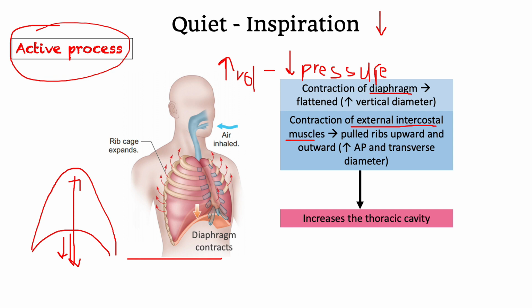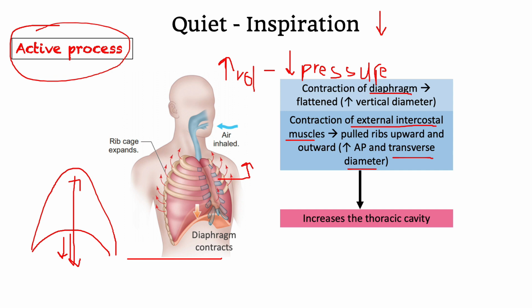The other muscle of quiet inspiration is the external intercostal muscles. So what happens when the external intercostal muscles contract? They will pull the ribs upwards and outwards, meaning they will increase the anteroposterior and also the transverse diameter of the lungs.